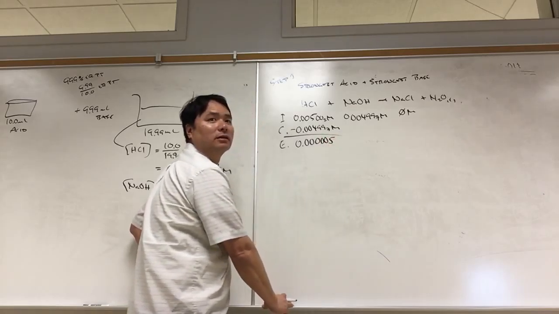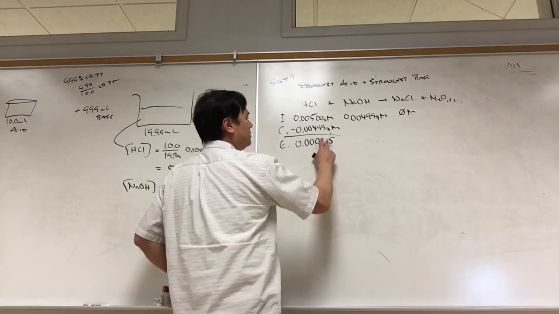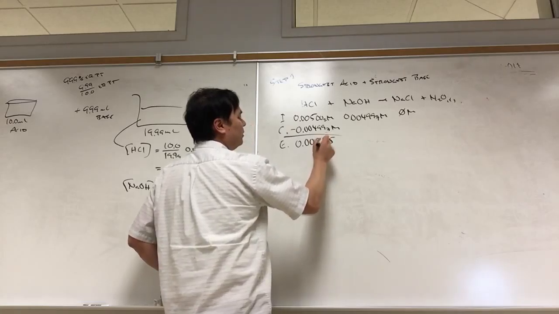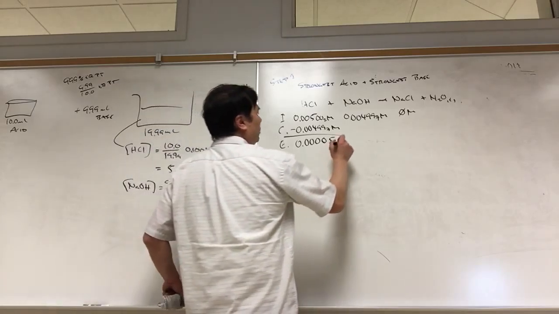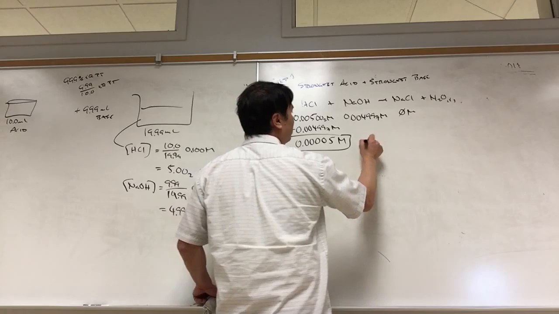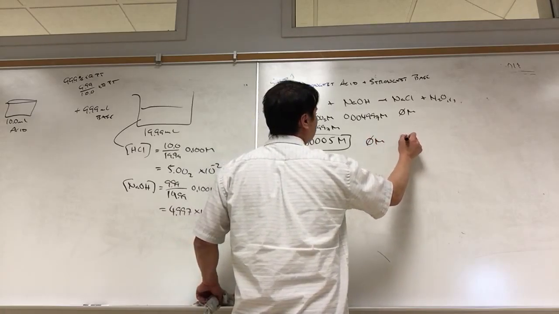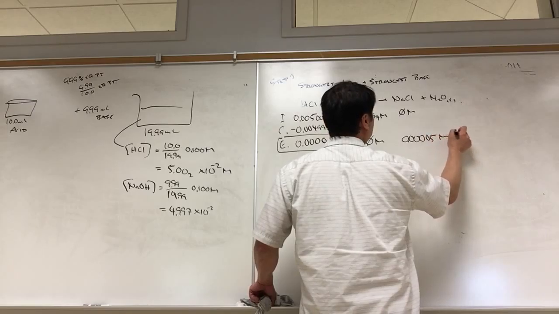Is that right? Do I have one extra 0? Is that right? Okay, thanks. The sodium hydroxide is 0, and this is going to be 0.00005 molar.